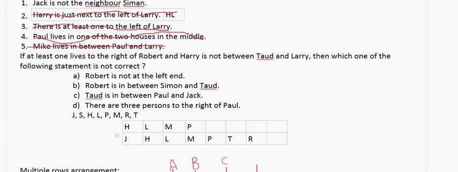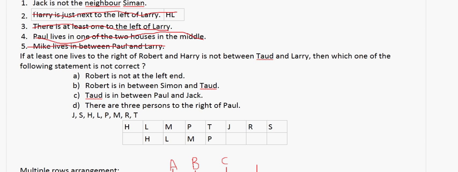Now the next statement says Ted is between Paul and Jack, right? So Paul is here, and Ted is between Paul and Jack, right? Now we know that R cannot be here, so R has to be here and S has to be here, right?